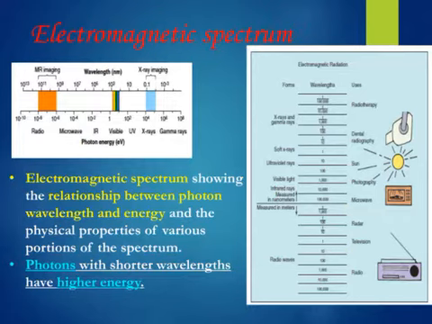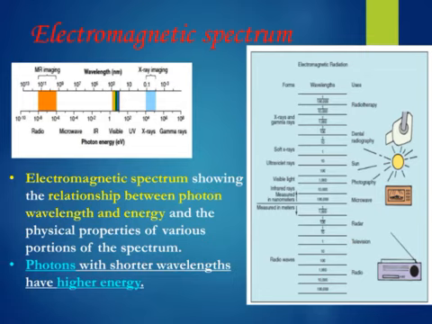Now, the electromagnetic spectrum. The electromagnetic spectrum shows the relationship between photon wavelength and energy. It's like the visible light spectrum. You know that there are seven colors in the rainbow, and these colors are arranged according to their wavelength. We start with violet, indigo, blue, green, yellow, orange, and end with red.